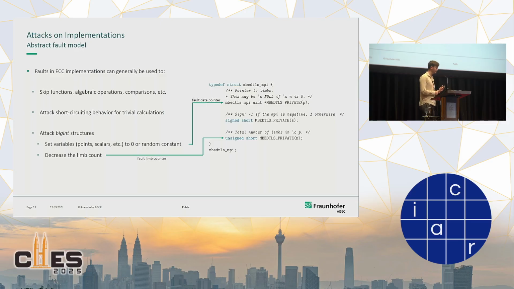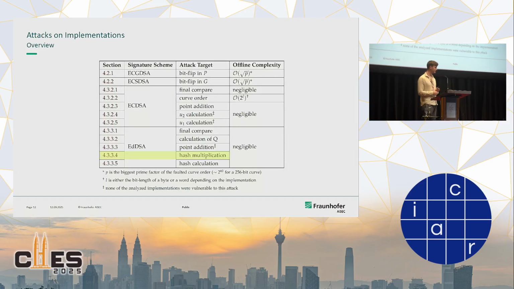Again, we've got a pointer that points to the actual data, and then a limb counter which specifies the size of this bignum structure. We can again target that by modifying the pointer to make it point to some arbitrary constant that the attacker may or may not know, or to make it point to 0, or we could also significantly decrease the size of this value by decreasing the limb count.